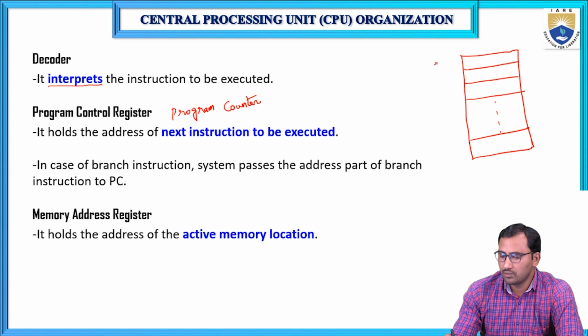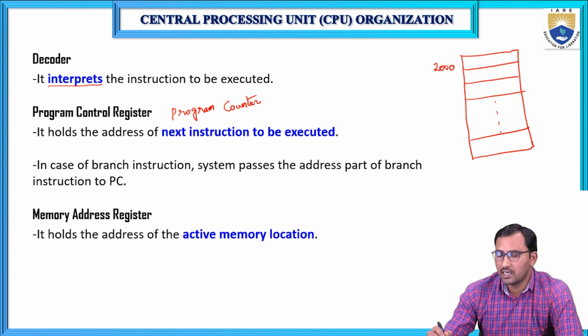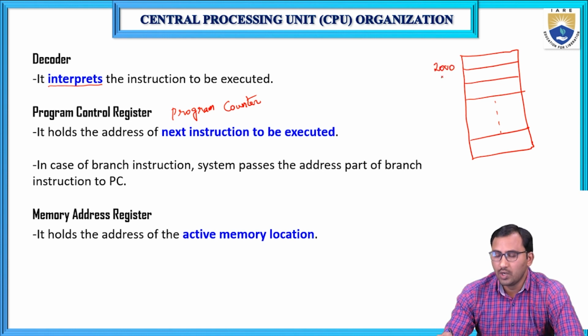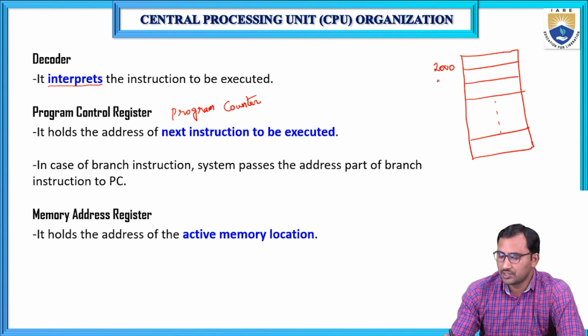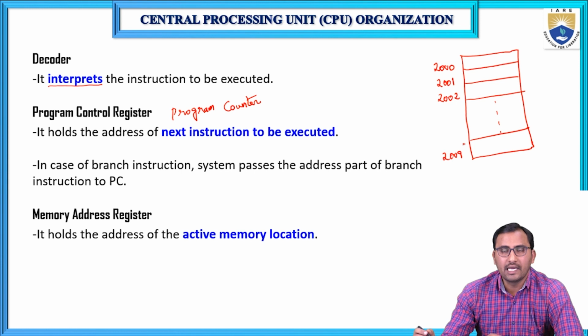Let us assume the starting address of this memory is 2000, and the next one is 2001, then 2002. Like that, every memory location has an address, and using that address only we access it. Without the address we cannot access the memory.